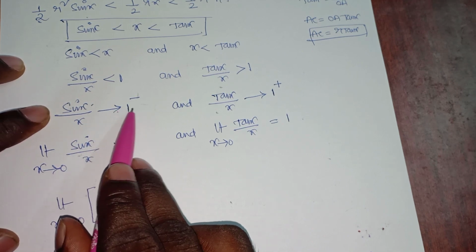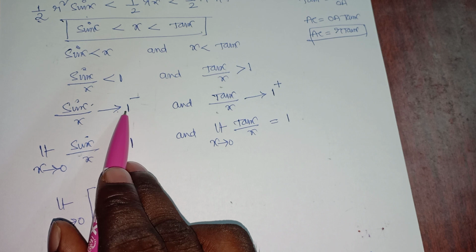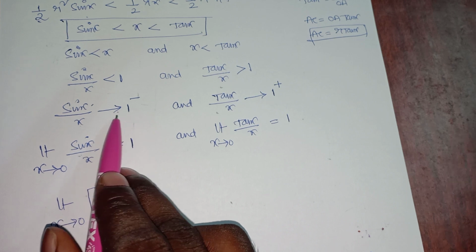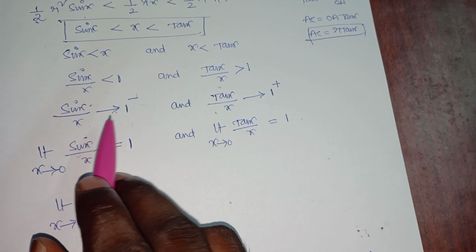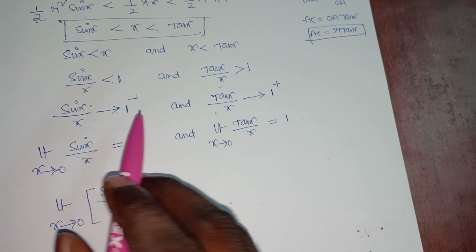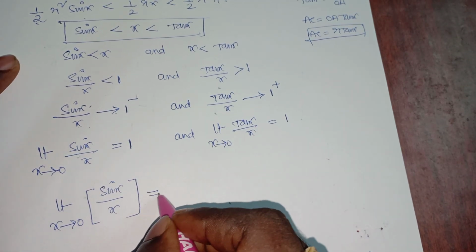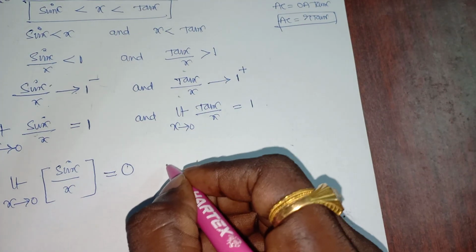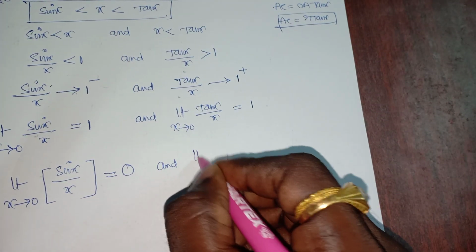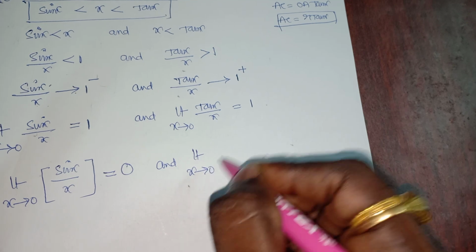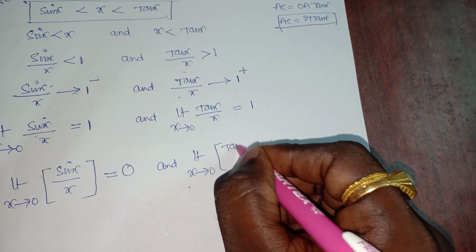That means it is very close to 1 but less than 1. That means the value of sin x by x may be equal to 0.999 and so on. The integral part of 0.999 is what? 0.